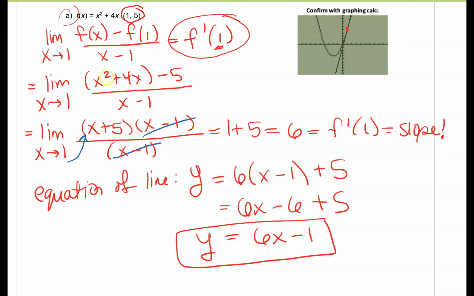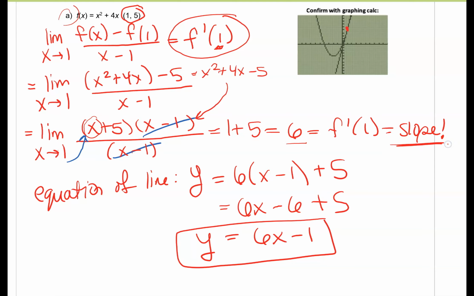And then f of x is x squared plus 4x, and then all over x minus 1. So this really right here is just x squared plus 4x minus 5, which can be factored into x plus 5, x minus 1, so that the x minus 1's cancel. You can plug 1 into the remaining x and get 1 plus 5, which is 6.